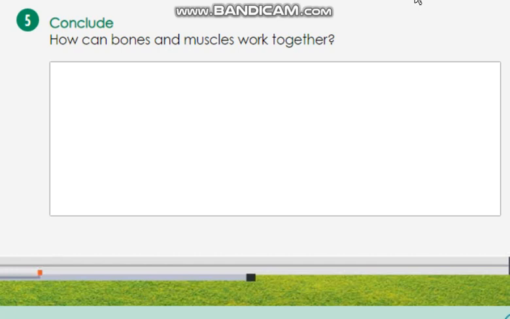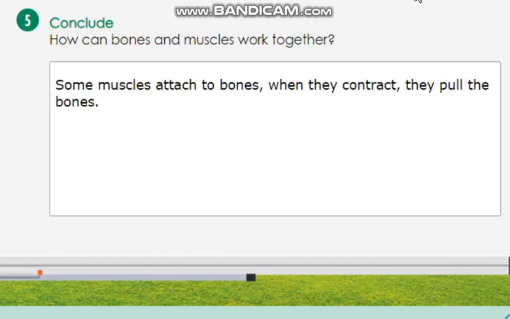Some muscles attach to the bones, and when they contract, they pull the bones. Let's write this together. So here's the answer. Some muscles attach to bones. When they contract, they pull the bones.